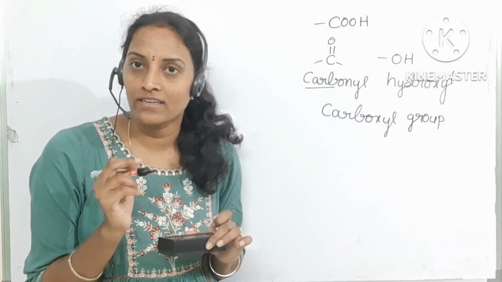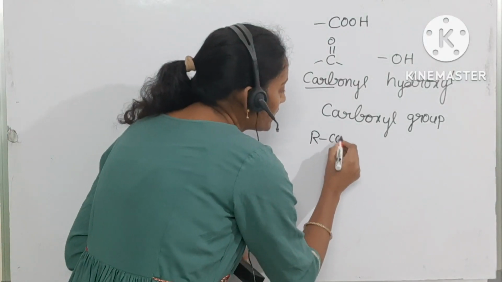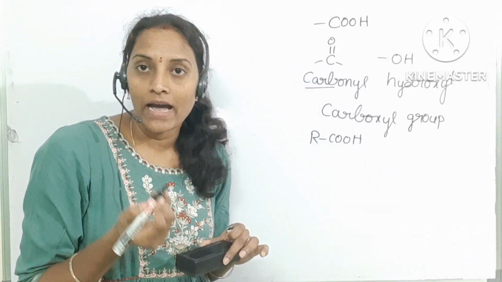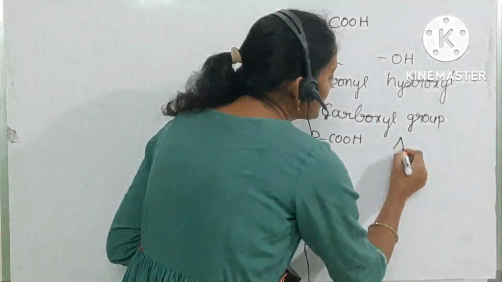Carboxylic acids are of two types: aliphatic carboxylic acids and aromatic carboxylic acids.